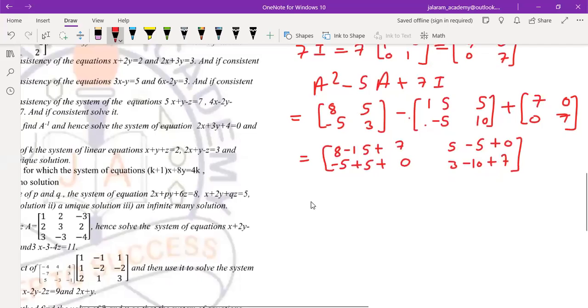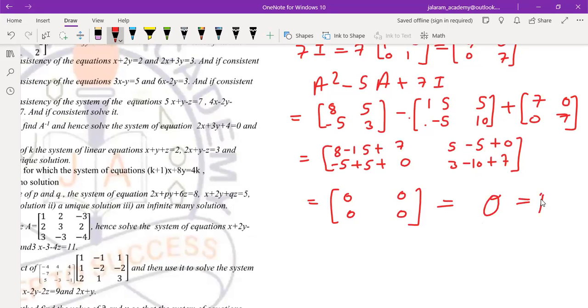In addition, we add element to element. 8 minus 15 plus 7 is 0, 5 minus 5 is 0, minus 5 plus 5 is 0, 3 plus 7 minus 10 is 0, which is equal to O, which is RHS, hence proved.